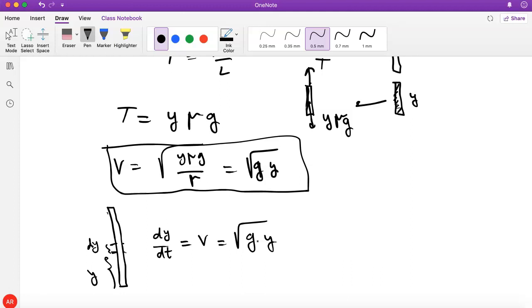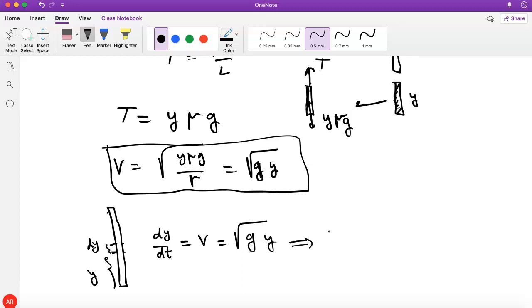Okay, so now we want to find the total time. How should I do it? Well, I should add these tiny dt's, right? So there's a tiny dt to travel a tiny distance dy when you're at a height y from the bottom of your rope.